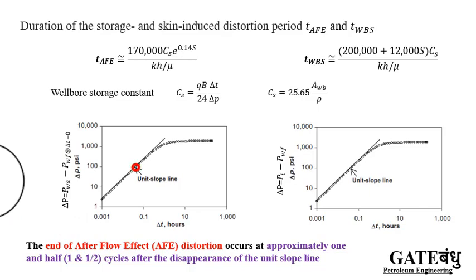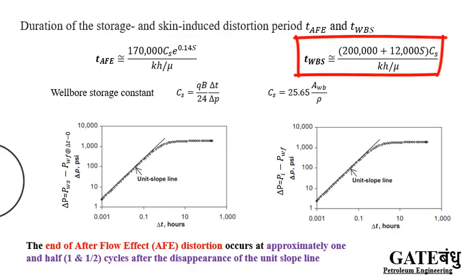So we take any point on this straight line on a log plot, and the corresponding delta P and delta T will be put back here to calculate the wellbore storage coefficient, and we could put it back here to calculate the time of afterflow effect.